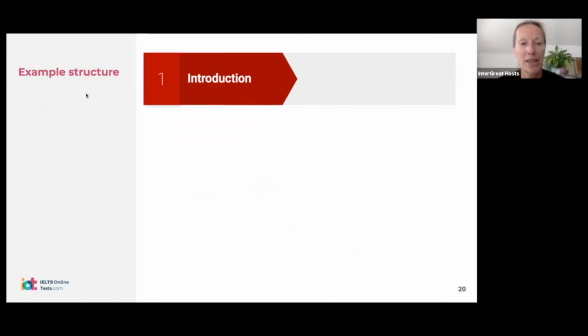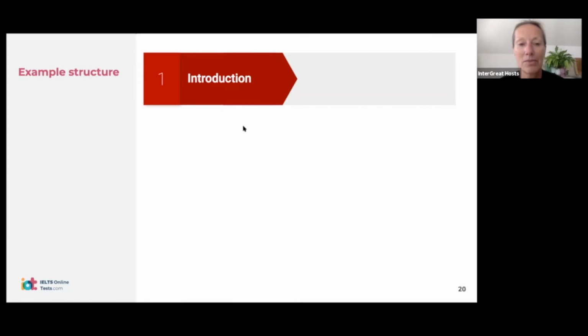Okay, right, so looking at an example structure now. How many paragraphs do you need for this task? Yeah, so most of you are saying 4, that's correct. So, I mean, there's no set number, but I think 4 is a logical number. So I'll try to show you why.